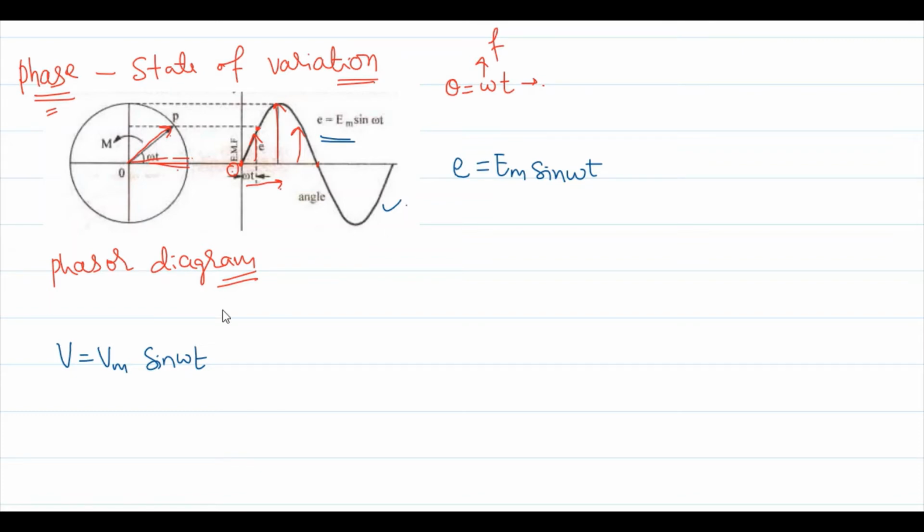So any wave in the form of a current or voltage can be represented in the form of sine. Even we can represent the current as I equal to I naught sine of omega t. So this omega t represents its phase. It tells about the state of that particular quantity, right?